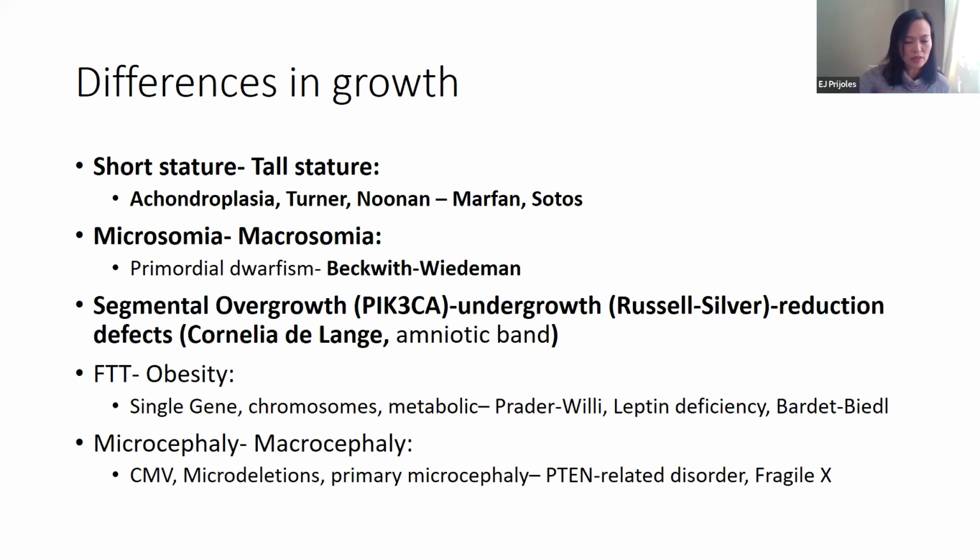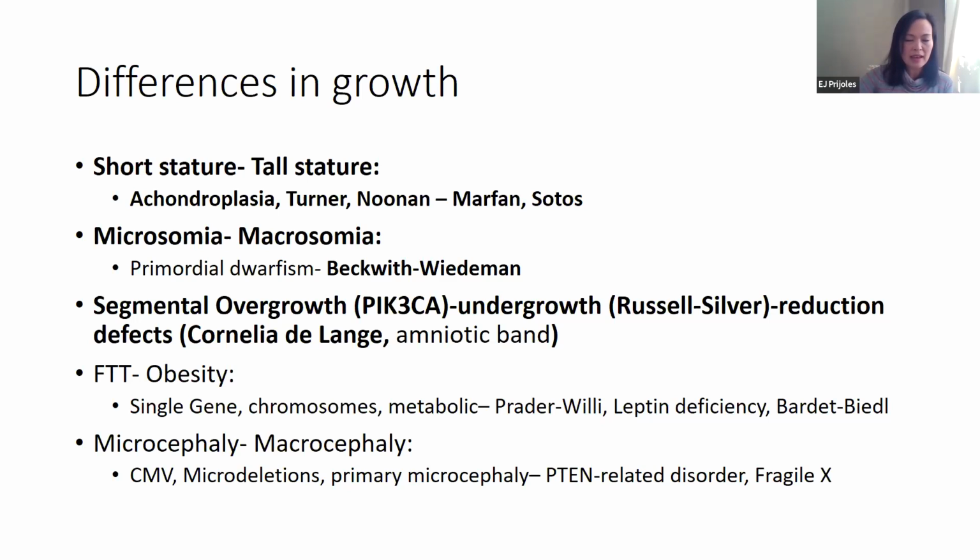Again, differences in growth might just include specific areas, like in the head size. So individuals can have microcephaly, say there's a CMV infection, or specific microdeletion syndromes like 22q11, or Williams syndrome, where head sizes can be small. Or there may be single gene disorders where microcephaly is involved, versus macrocephaly, where head sizes are measuring large.